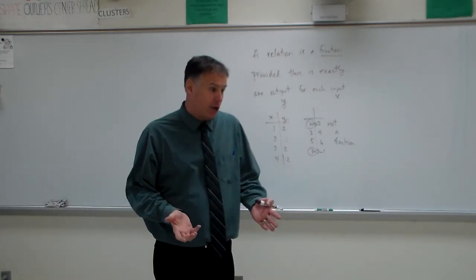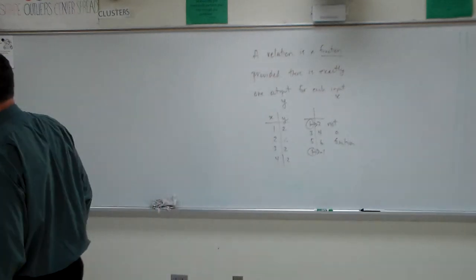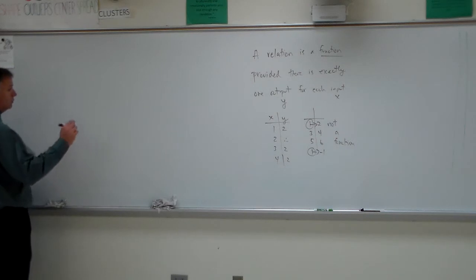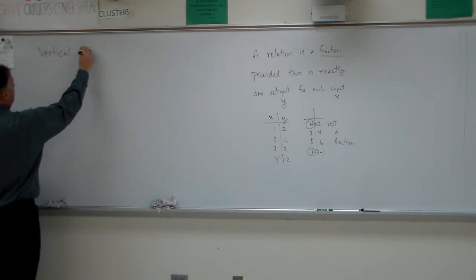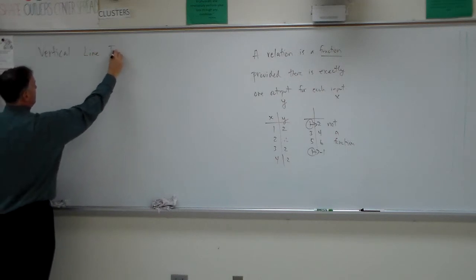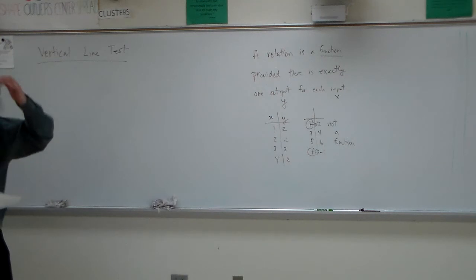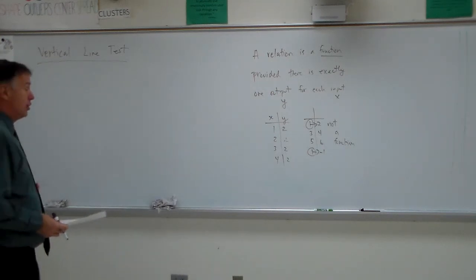Math is the same thing. A lot of times our pictures are graphs. So we have this thing called a vertical line test, which can tell us if something is a function or not.